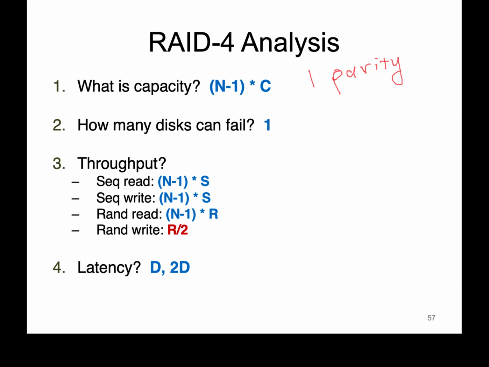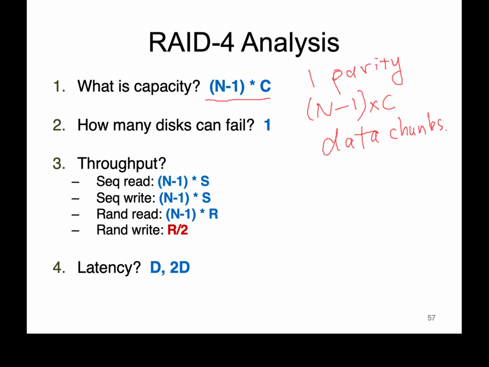So effectively, we have the rest, N minus 1 times C, for storing effective data instead of parity. That's why we have N minus 1 times C for capacity.